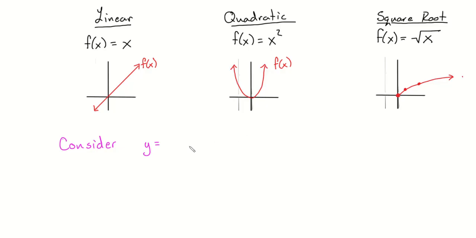Okay, so let's consider the graph of y equals a times some function. We'll call it f of, and this is going to get ugly, but I promise it won't stay ugly. We're going to say it's a times f of b times x minus h, all inside of the argument of that function, plus k.